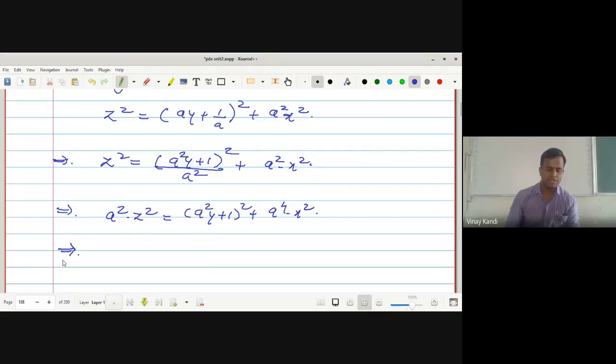Okay, that implies, put a raised to 4 into, expand the bracket.